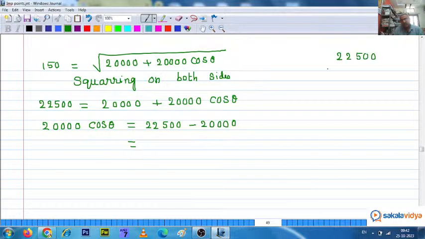You will be getting 2,500. Am I correct now? 2,500 you will be getting. So, right. Now, cos theta is equal to, what do you get now?